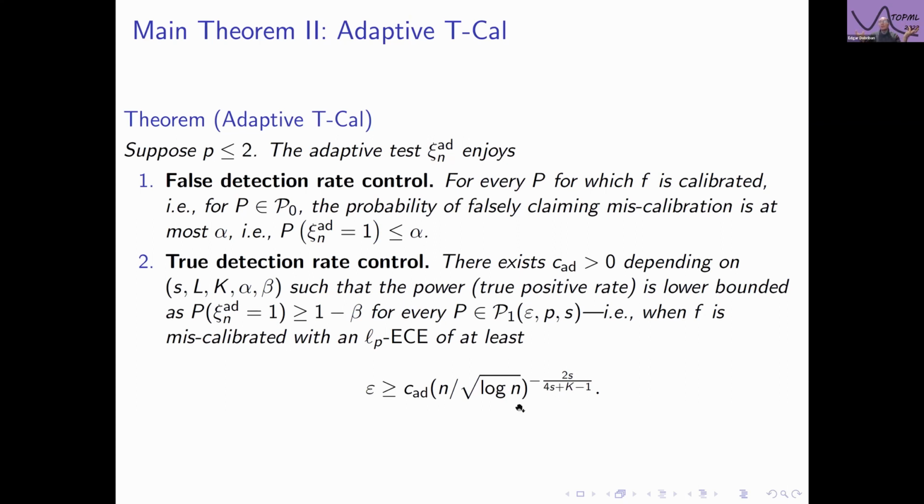So we don't need to know the smoothness, but our result says that you need a larger signal strength. Again, as I mentioned, we don't know if this is optimal in general. We only have the optimality for the known S case.